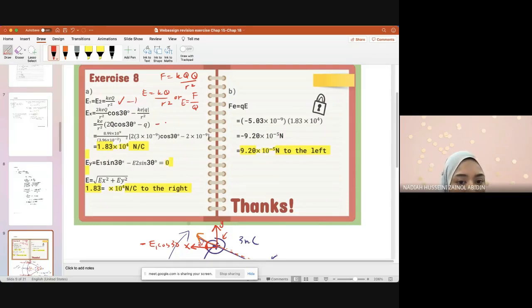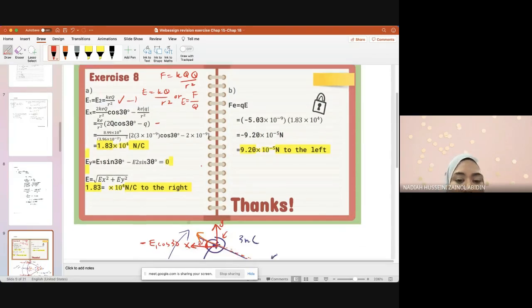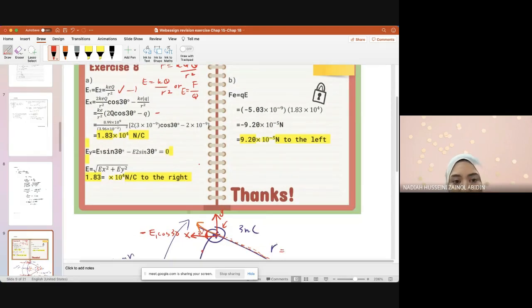Substitution akan tak dapat markah. Sebab soalan dia specifically cakap to the right is positive and upward is positive for Y. So because Danish did not use that information in his answer, so untuk substitution punya markah tak dapat. Okay, walaupun jawapan dia betul, walaupun jawapan dia boleh jadi betul in the end. Okay, tapi untuk substitution punya marks tak dapat.